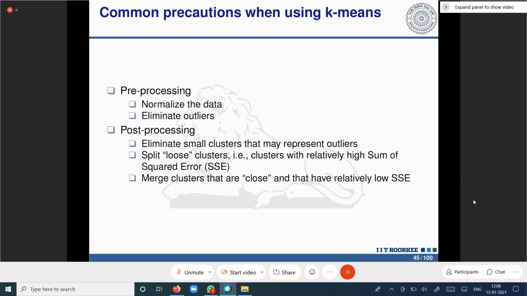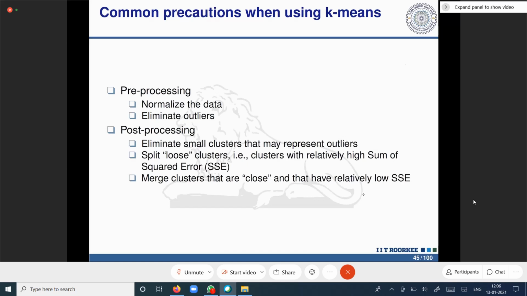Now, common precautions that we need to take when using k-means. One is pre-processing. Pre-processing means we need to normalize the data and eliminate outliers, because outliers can cause the centroid to deviate too much from the clusters. And then post-processing needs to be done, in which we eliminate a small cluster that may represent an outlier and split loose clusters.